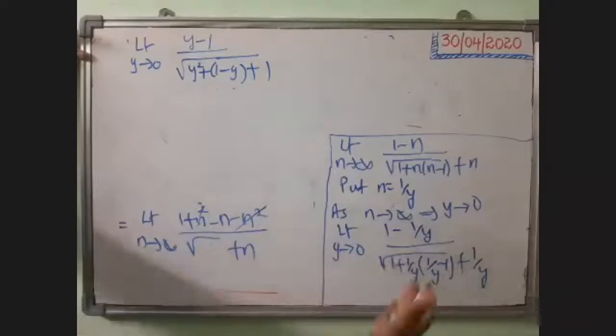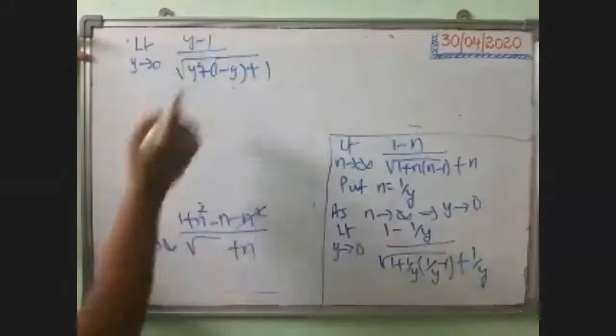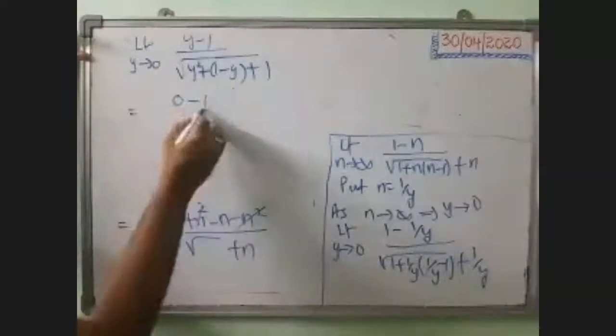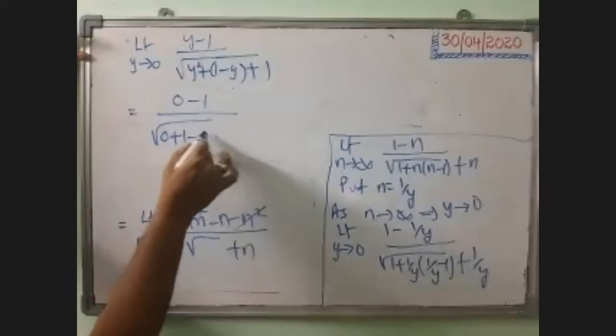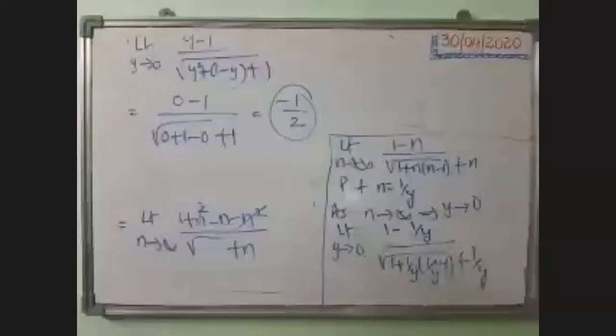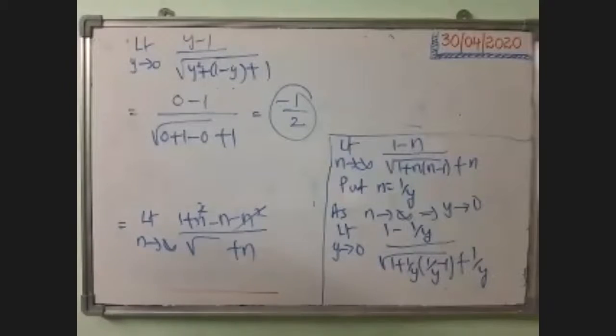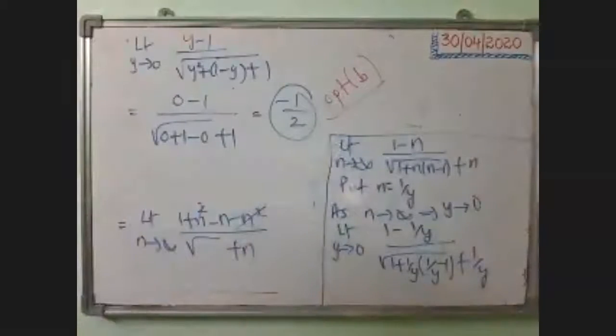Here you should take LCM, y gets cancelled. So now substitute y equal to 0. I get the answer as 0 minus 1 by under root of 0 plus 1 minus 0 plus 1, which is nothing but minus 1 by 2. Therefore, minus 1 by 2 is the answer, which is option B. Option B is correct. Minus half.